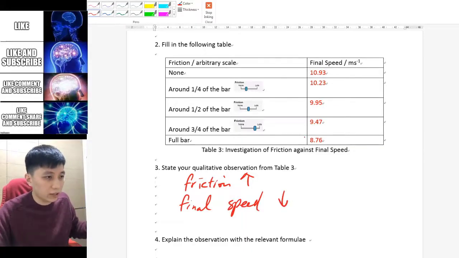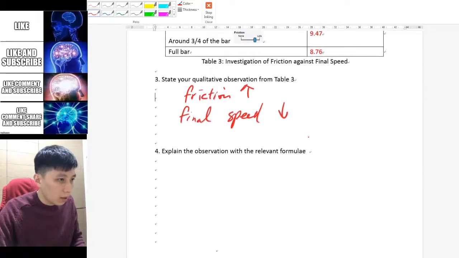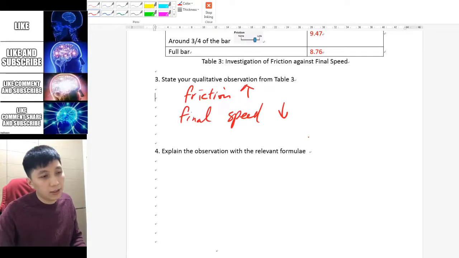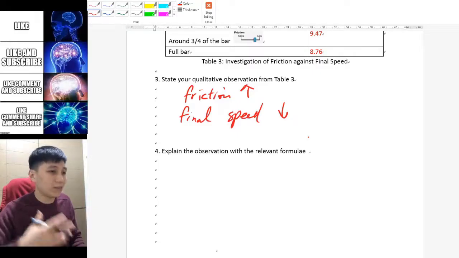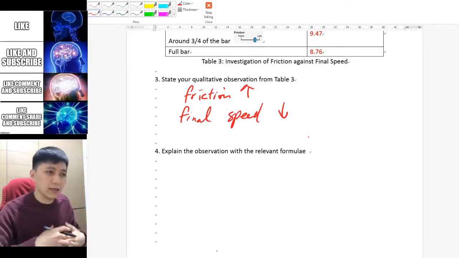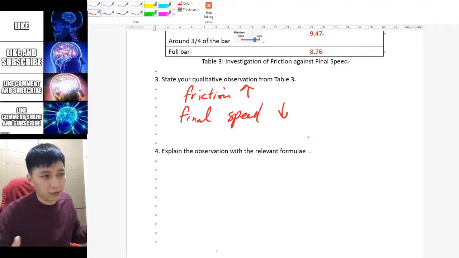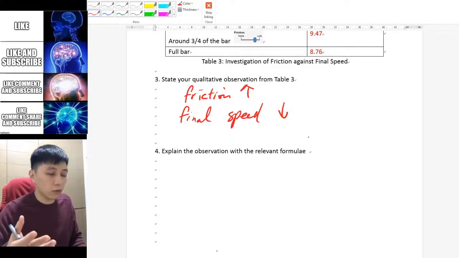That's the qualitative observation. And so here again, try to build and write down the relevant formula to explain how come when we increase the friction while keeping the other variables the same, the final velocity will be lower. Of course, using the energy equations that you learned. So try it out if you haven't.